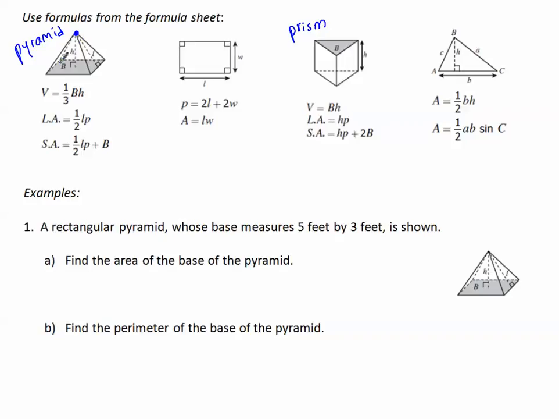And when I mean come to a point, I mean you have a base that is some shape, like this rectangular pyramid, and then all of the vertices of the base connect up to the top at one vertex, one point. Versus a prism, you have 2 bases. See this capital B for base, rather area of base, but you have 2 bases.